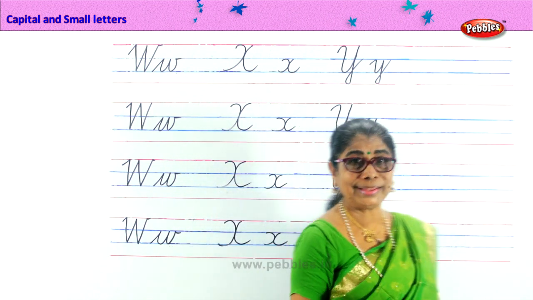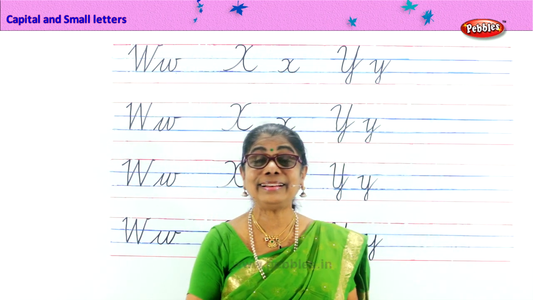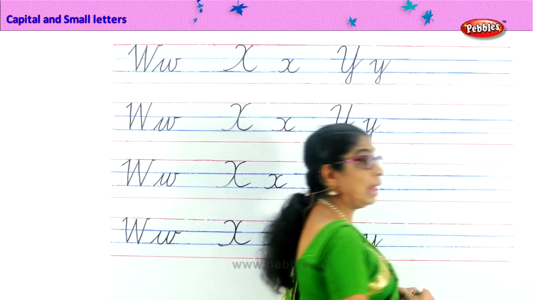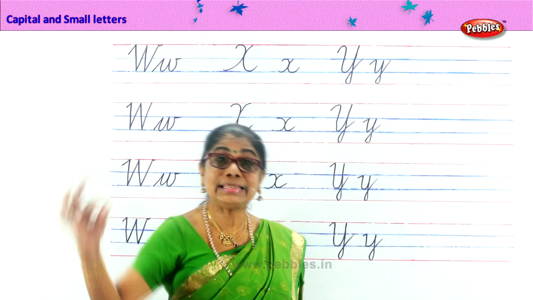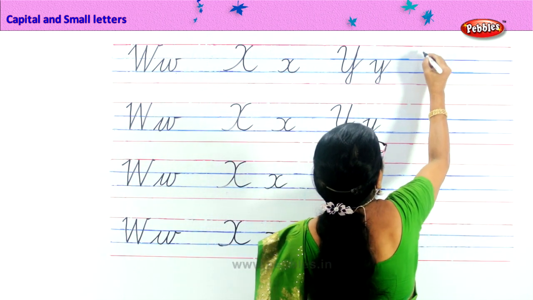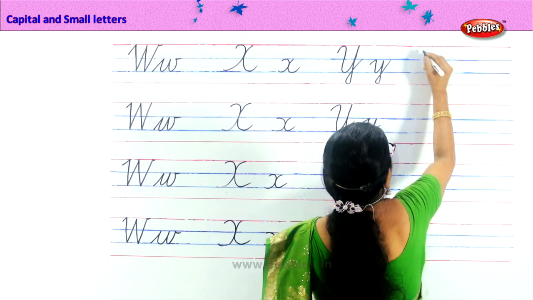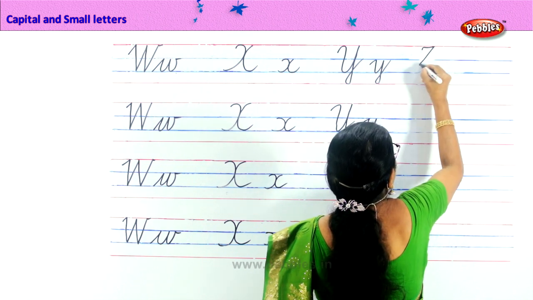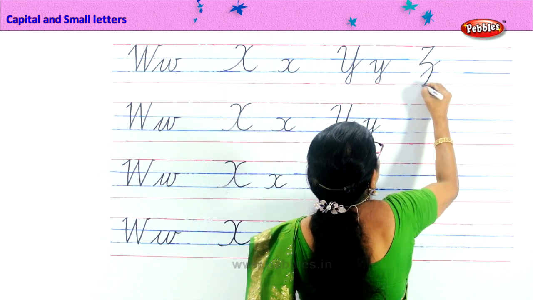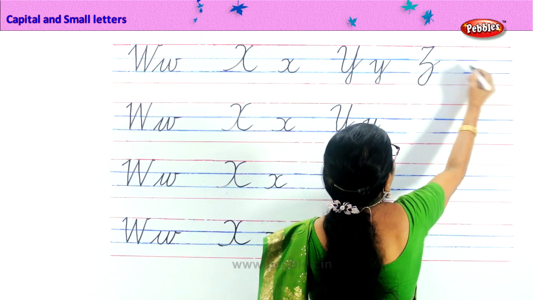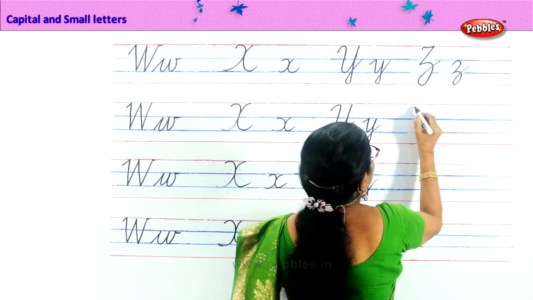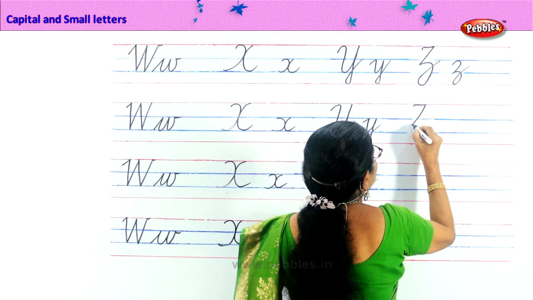Finally, what are we left with? Now we need to write letter. The last letter is Z. Good. Both capital and small. What's the sound? Z. Very good. So, capital Z. Capital Z. Okay? And the small z like this. The capital Z like this.